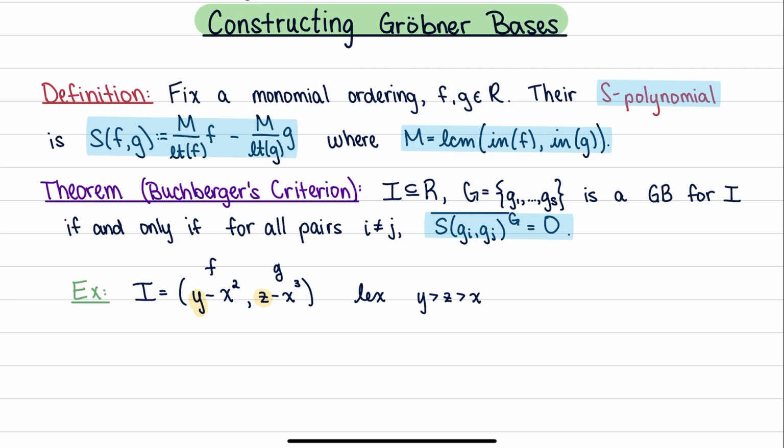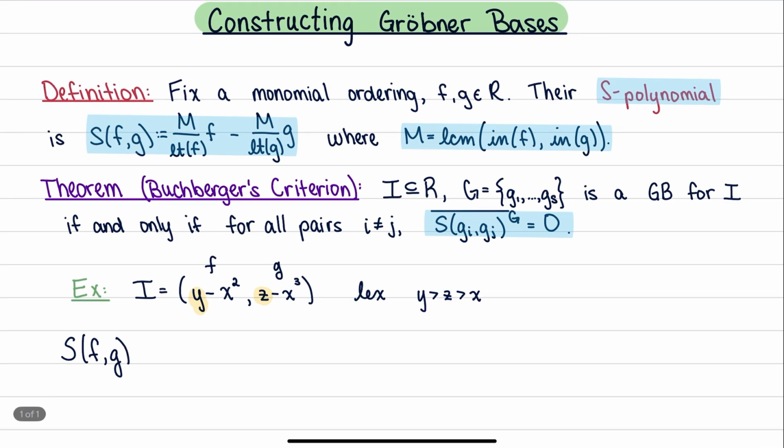So the first thing we need to do is compute the S polynomial of f and g. So the least common multiple of the initial terms here is just the multiple because they don't have any common factors.